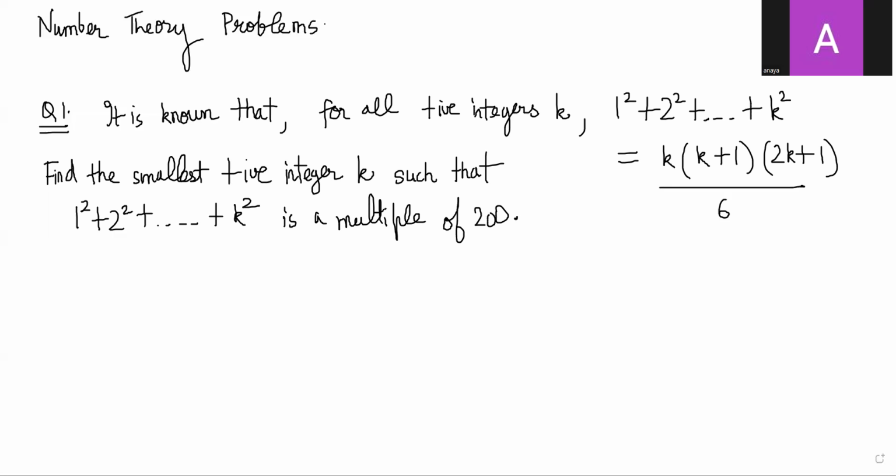That is the question. Wait, one second. It is not 200, it's 1200. Oh, 1200? Is a multiple of 1200.